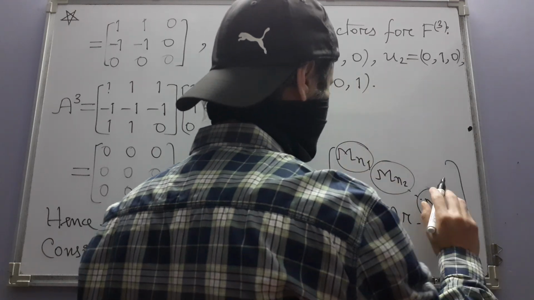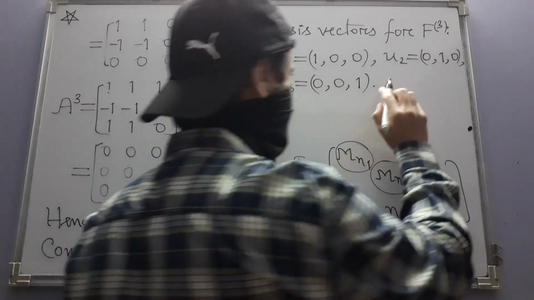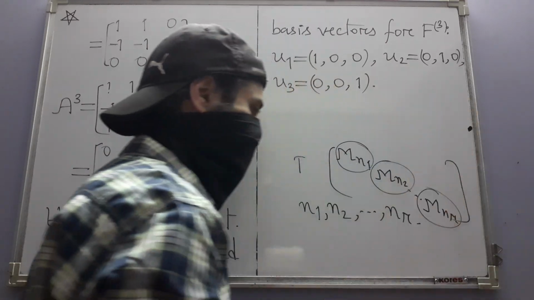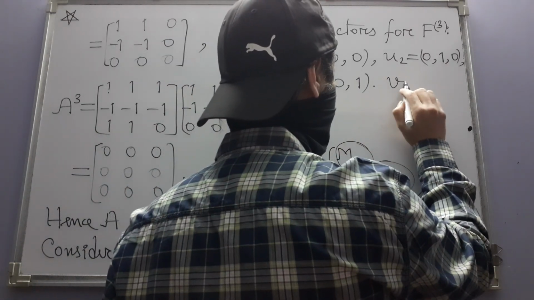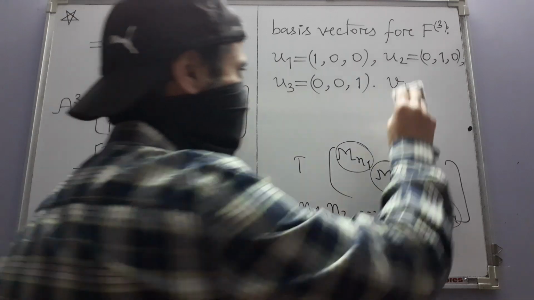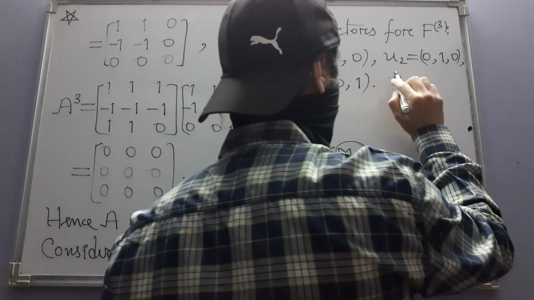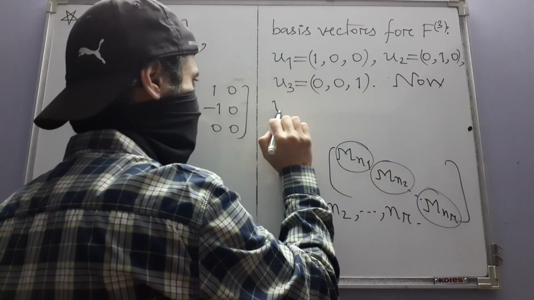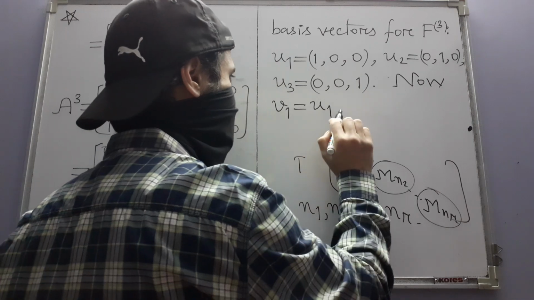And in the scheme in which we have the proof of this fact, the new basis, whose vectors we called V1, V2, V3 and so on, V1 is just U1. Now, V1 is just U1.